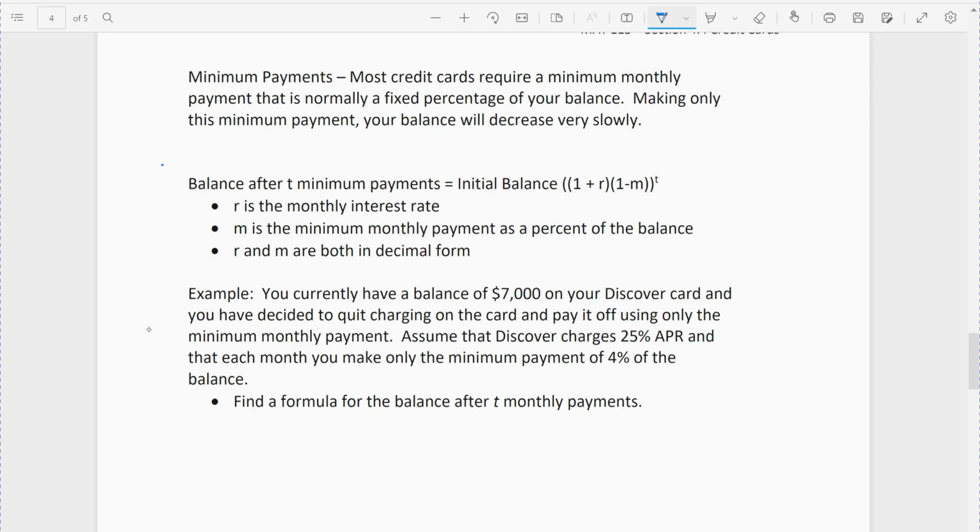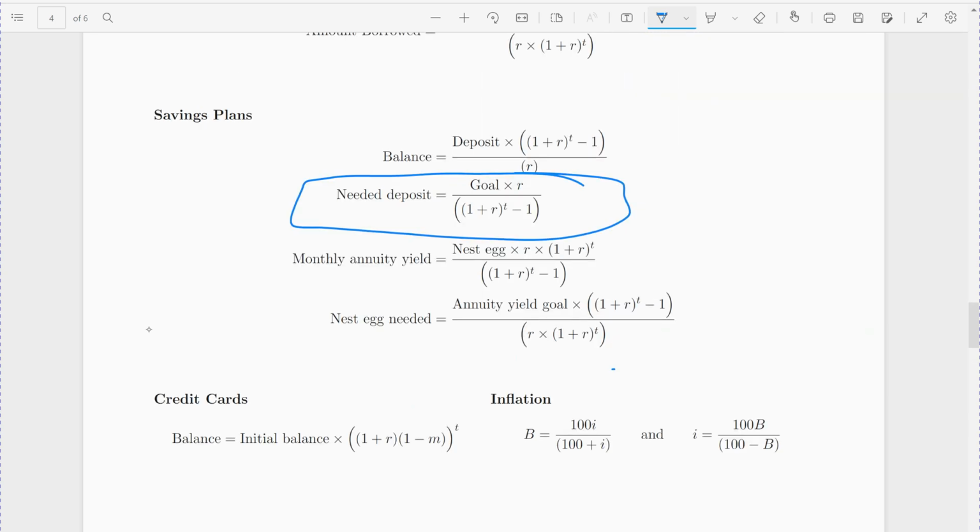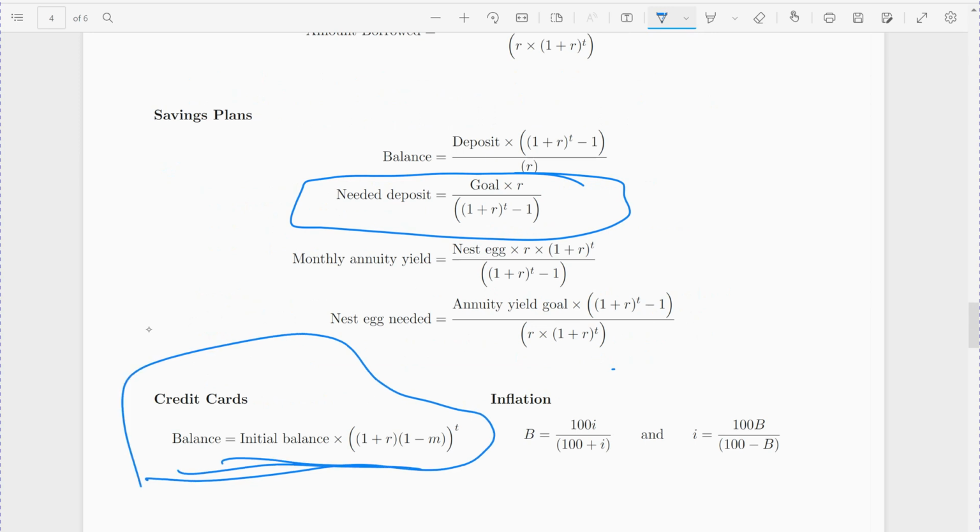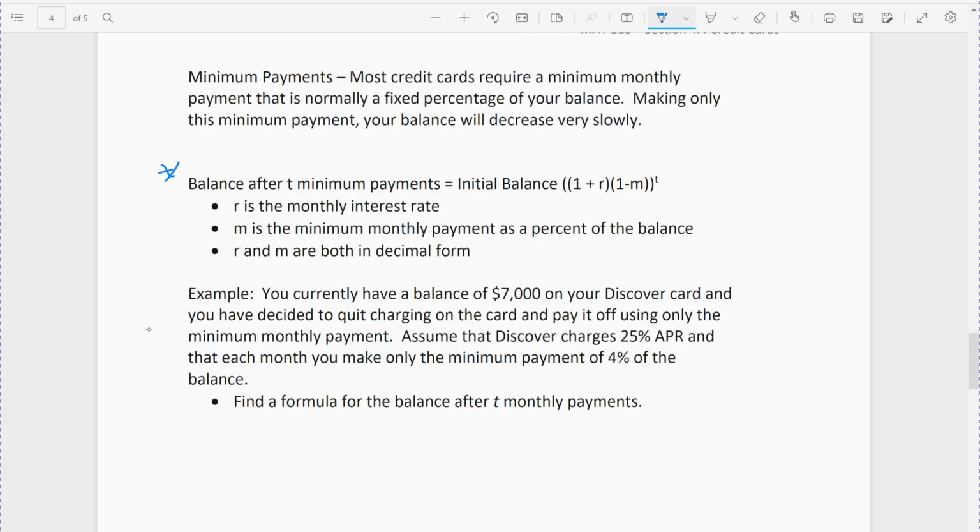All right, and so this formula, which again is on the formula sheet if you go look, there's the credit cards section, for the balance when you're making your minimum payments. So in order to figure out how much you still owe after T minimum payments, and this is assuming that you're not adding to your debt, so there's no additional charges, you're just slowly paying off your debt by making minimum payments.